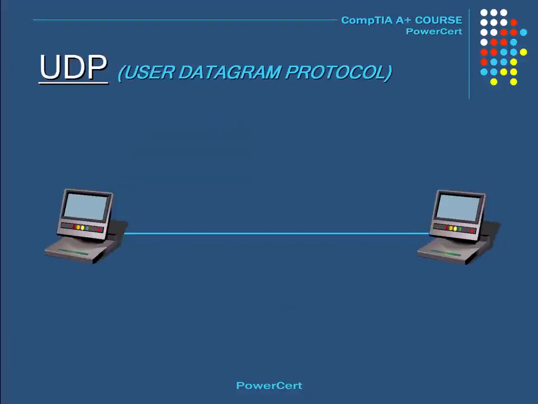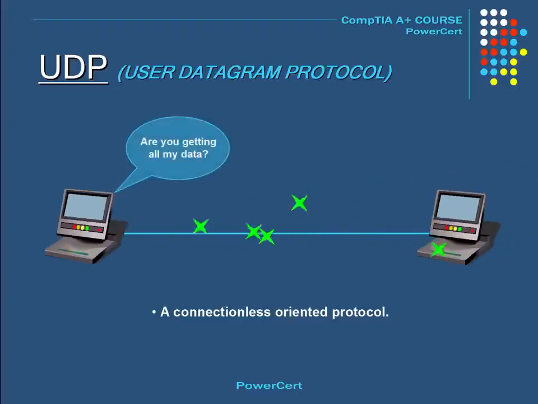Now UDP is very similar to TCP. UDP is also for sending and receiving data, but the main difference is that UDP is connectionless, which means that it does not establish a session and does not guarantee data delivery. So when a computer sends its data, it doesn't really care if the data is received at the other end.